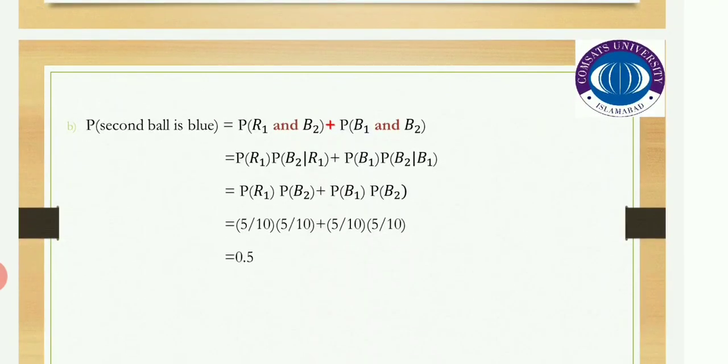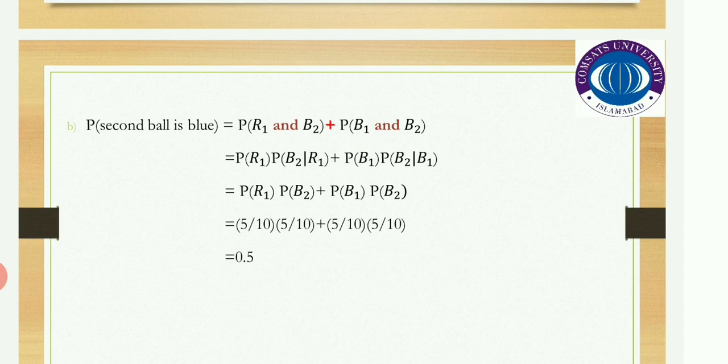Now, the second case is that the second ball is blue. In part B, there is a restriction on the second ball that it should be blue. There is no other restriction on the first ball.